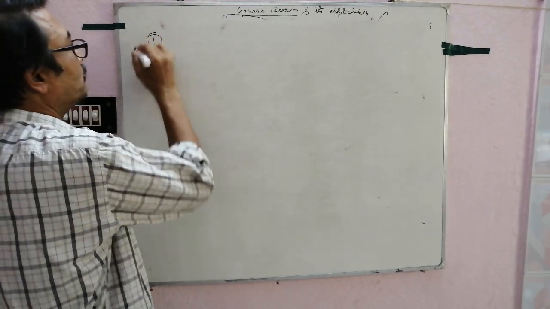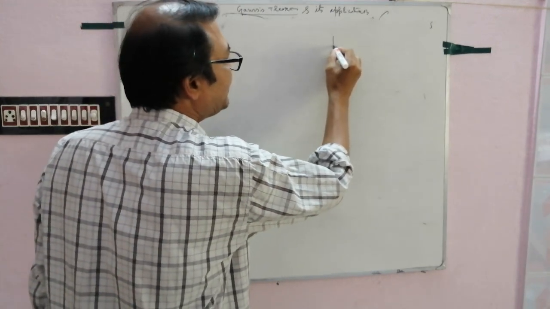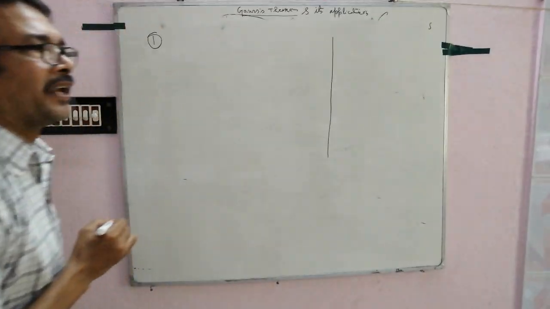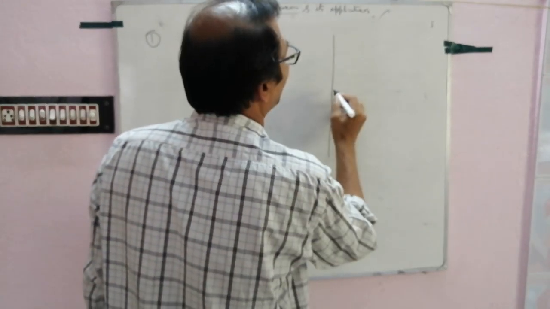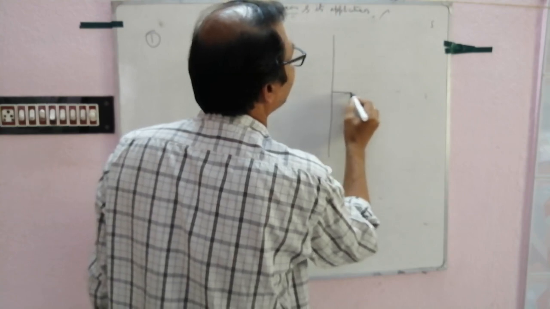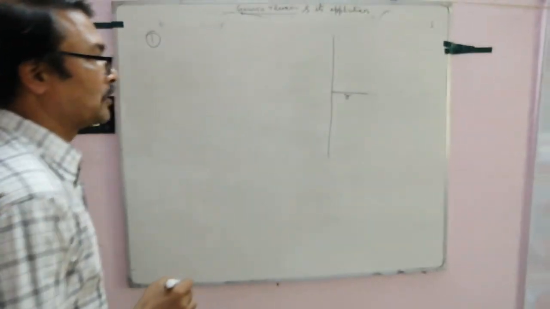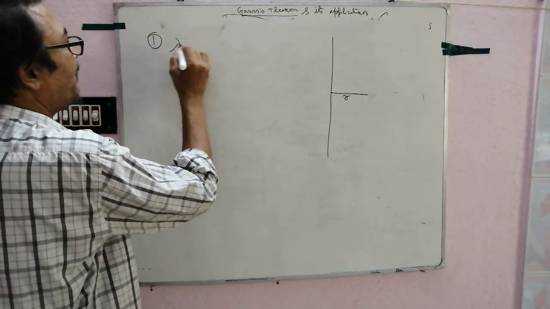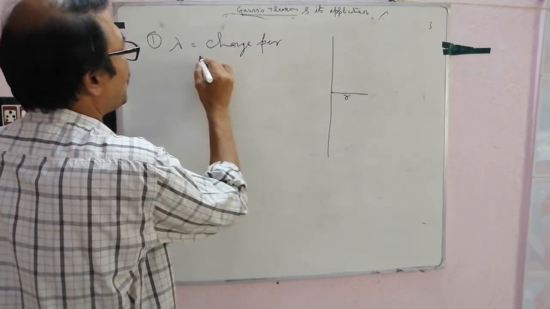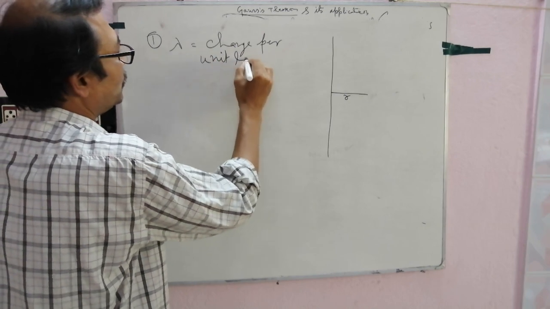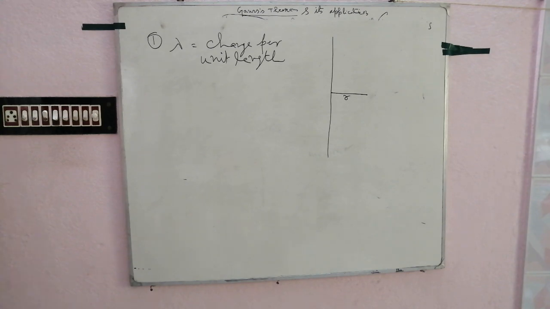First application, take a uniformly charged long wire, an infinite long wire, and we have to find out the field at a distance r from this charged wire. Suppose lambda is the charge per unit length, the linear charge density lambda.